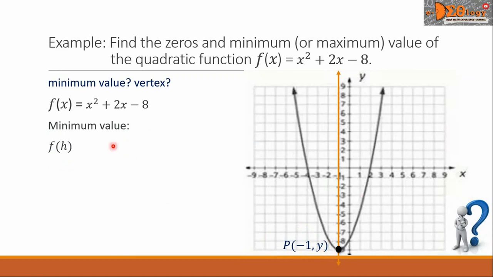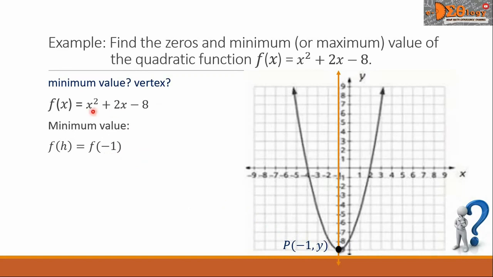Now, let us compute for the minimum value by evaluating this f of h. This h is the abscissa of our vertex. So we have f of negative 1. It means to say we're going to evaluate our function using this value negative 1.